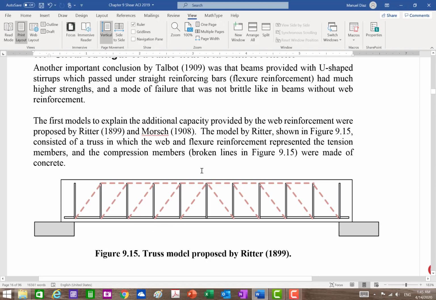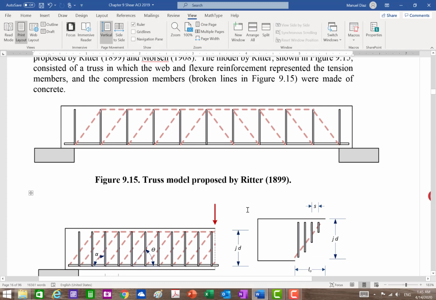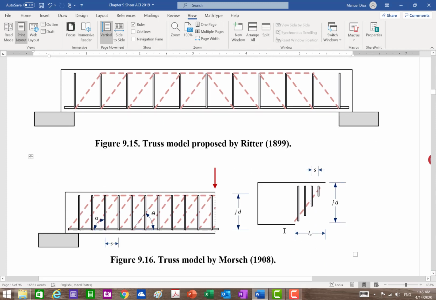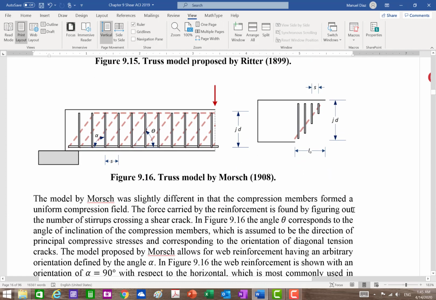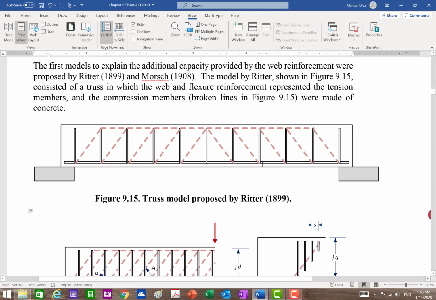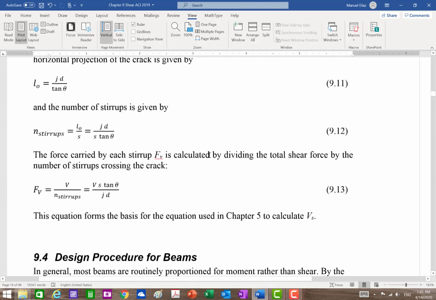So that's kind of a model to come out with your shear theory, shear design. Okay? And this is what we use to develop our formulas. Remember, we did that, made the cut at 45 degrees, and we developed our formula. So that's what you have. Okay? But that's all you want to know. There is a model that looks like this, and then later when you take advanced concrete, you may learn more about how to use this to come up with another type of design. But for now, that's all.